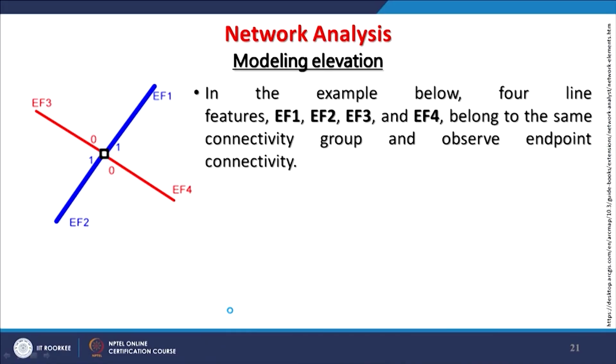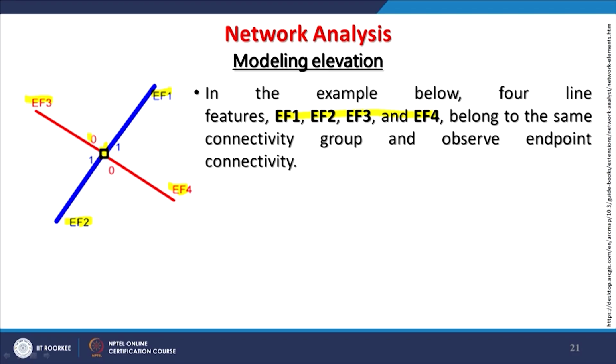Like here in this very schematic and simple example, there are 4 line features, EF1, EF2, EF3 and EF4, element features, belonging to the same connectivity group. So there is basically a junction defined.